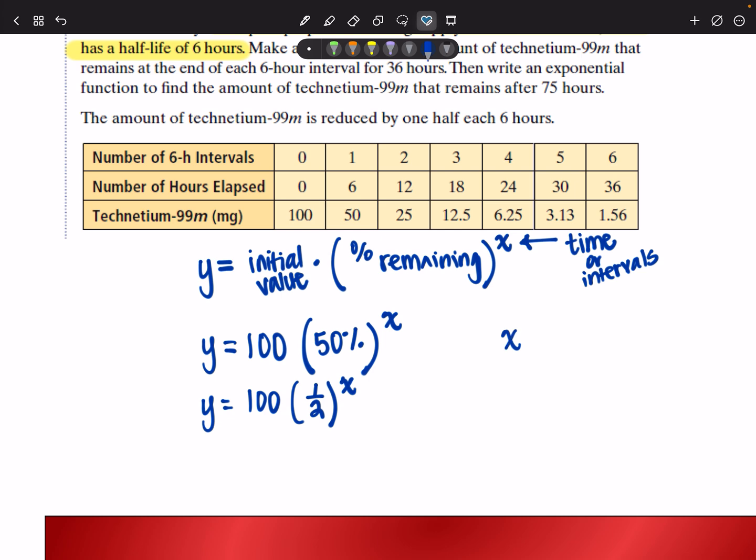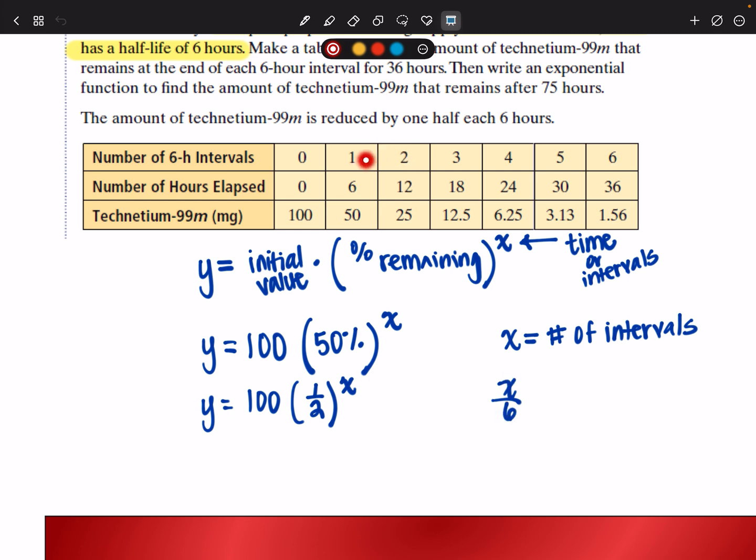Now, if x equals the number of intervals, but we need a partial interval, we're going to have to take that x and divide it by 6. So for instance, if I have 6 hours, 6 over 6 would be 1 interval. If I have 12 hours, 12 over 6 would be 2 intervals.